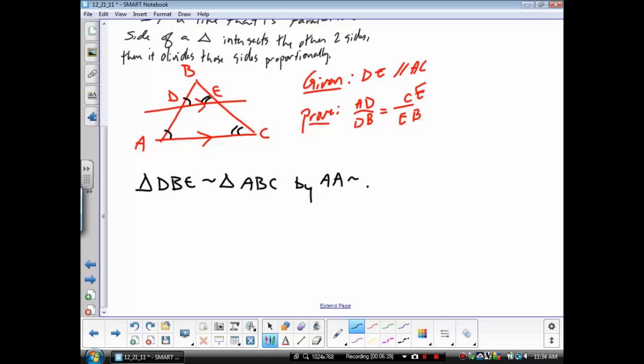AB will be to DB as CB is to EB. That's by definition of similar triangles. When triangles are similar, their corresponding sides are proportional and their corresponding angles are congruent.